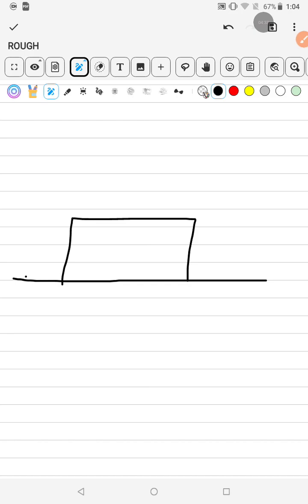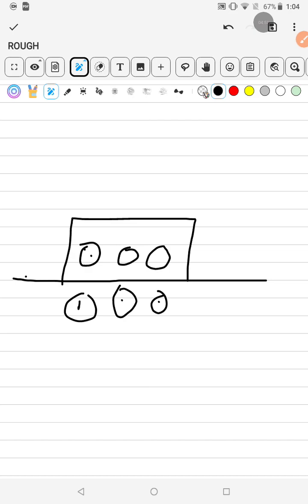Obviously, everything in this world is made of atoms, so this block is made of atoms, and the ground is also made of atoms, and these atoms have moving charges inside them, right? We know it has some moving charges, moving electrons, moving protons. And due to these moving charges, many types of electromagnetic forces are generated.